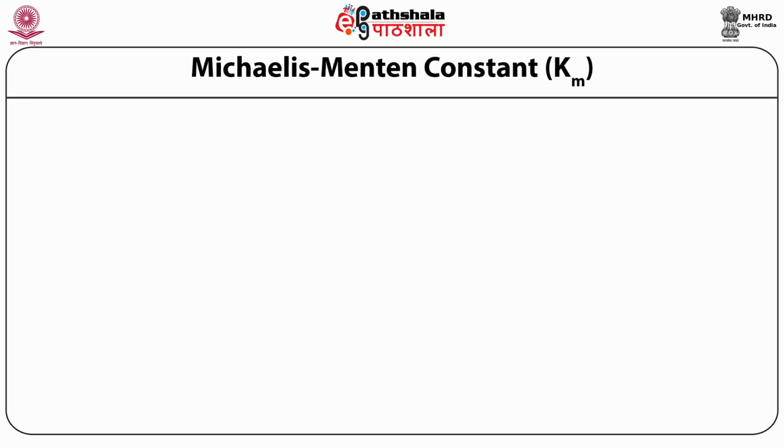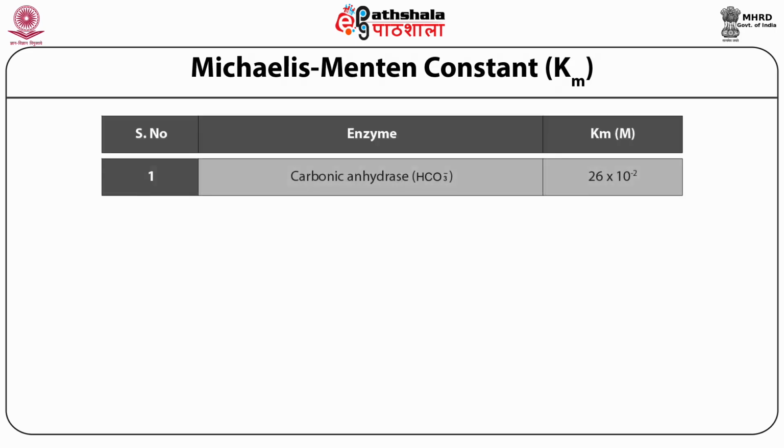So in this table you can see that there are different enzymes, and they have different Km. For example, carbonic anhydrase, which is responsible for synthesis of bicarbonate, has a Km of 26 into 10 to the power minus 2 molar.